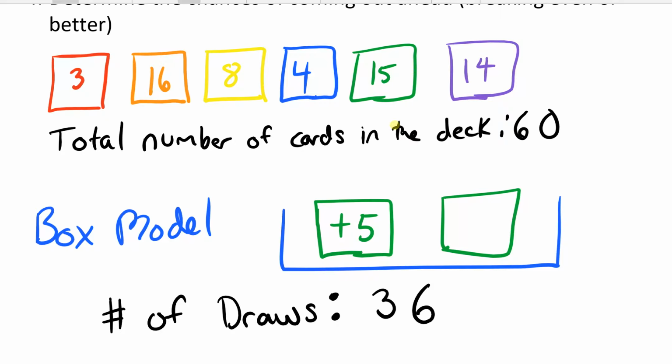So if you draw a red card, you get plus $5 back. If you do not draw a red card, you lose $1. So the numbers on the tickets would be plus 5 for drawing a red card and minus 1 for not drawing a red card.